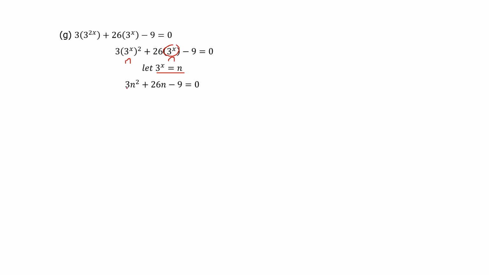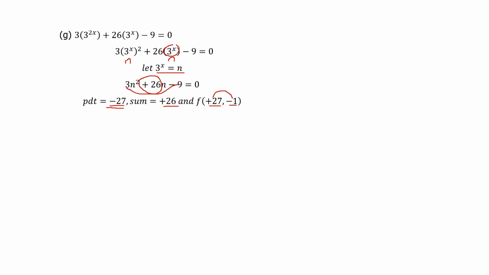The product is going to be 3 times -9 to have -27, like there. The sum is +26 here. Then the factors, we are going to have 27 and -1 there. When you multiply these two, you have -27.